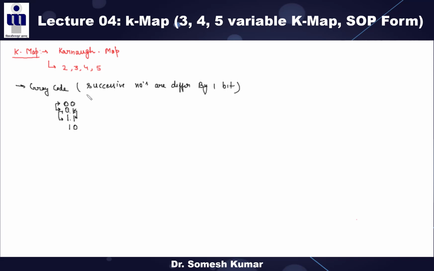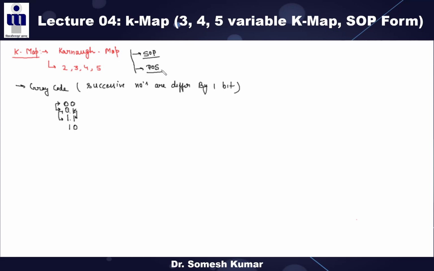I will give you some examples for a two-variable function, three-variable function, SOP form, and POS form. One more thing you should remember: both the SOP as well as the POS form can be minimized with the K-map.